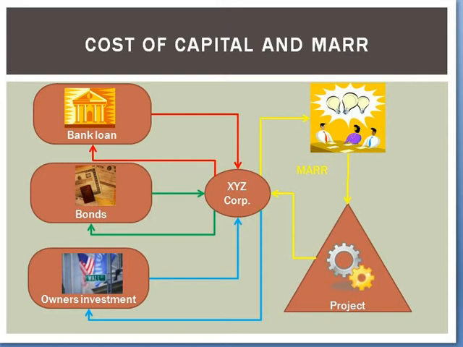To answer that, we're going to propose a numerical example, but pretty much the idea is to use the effective annual rate that these loans, bonds, and dividends to the shareholders are implying. And also we're going to consider the effect of the taxes on bank loans and bonds because that's going to be a very important way to reduce our weighted average cost of capital.